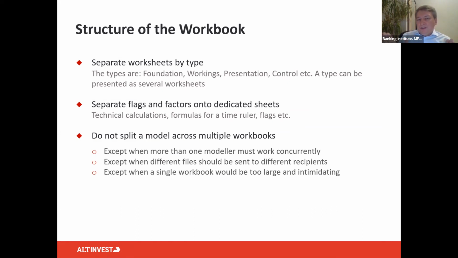split your model across several workbooks, several files, because first, it's technically challenging, because Excel keeps everything sound within the model. If you change something on any worksheet, your formulas will be recalculated, relinked, and so on.